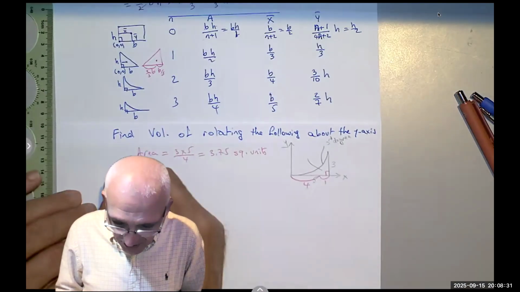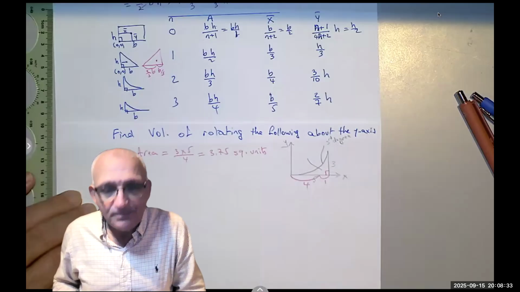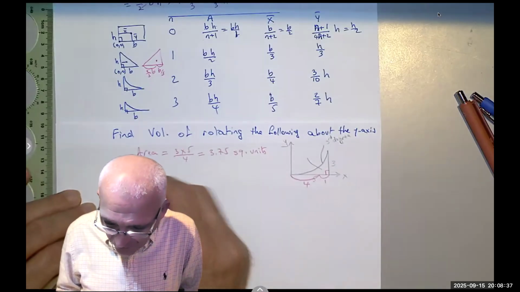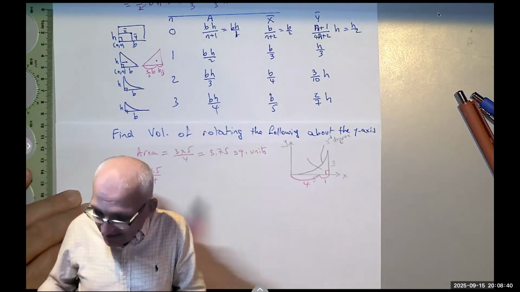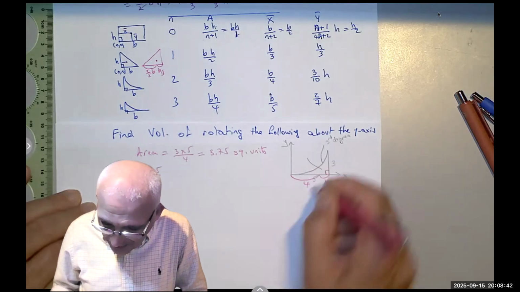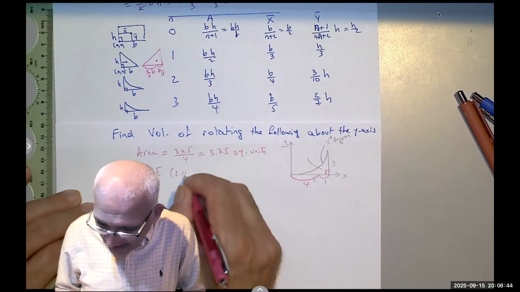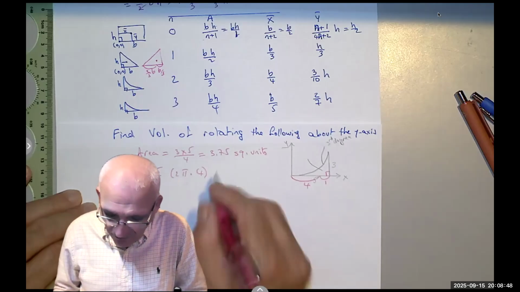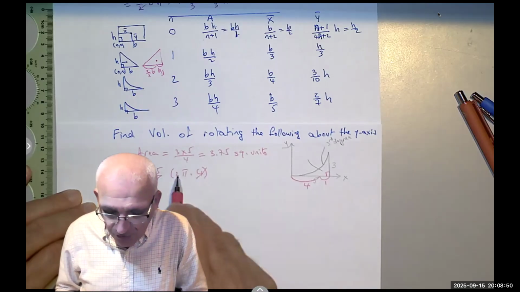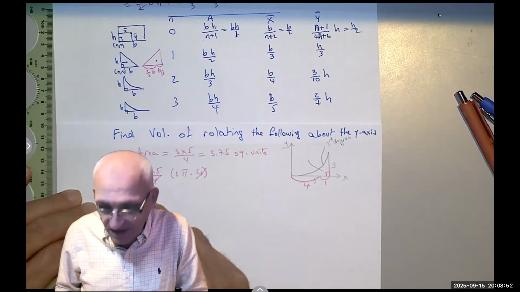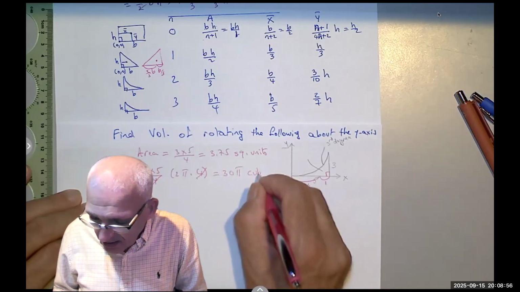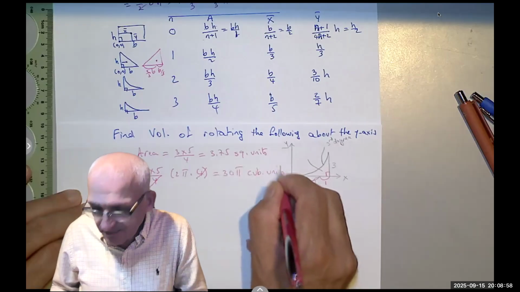So the volume generated would be 3 times 5 over 4, that's the area, and the distance traveled would be 2 pi times r, which is 4. The 4 and the 4 cancel. 2 times 5 is 10, times 3 is 30. You get 30 pi cubic units.